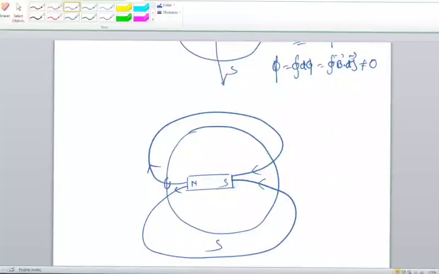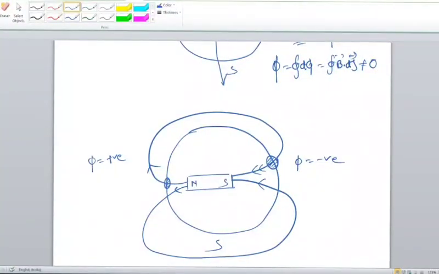From here, for a small surface area ds, we can see that the magnetic lines of force are in the outward direction. That means flux will be positive, and flux is a scalar quantity. We take outward flux as positive and inward flux as negative. From the magnetic lines of force, we can also see lines in the inward direction, so that flux will be negative.